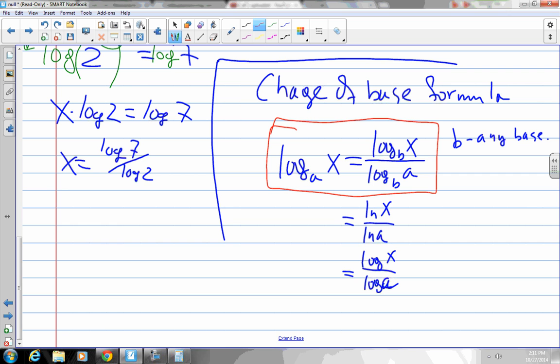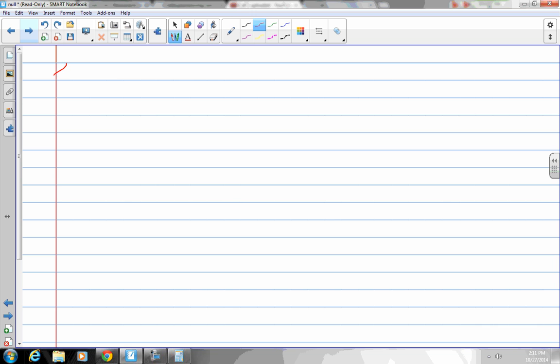So with this now, I can ask you to compute any logarithm of any base of any number. For example, I can ask you to evaluate log base 11 of 23.41. We can compute that by just going whichever log you prefer.